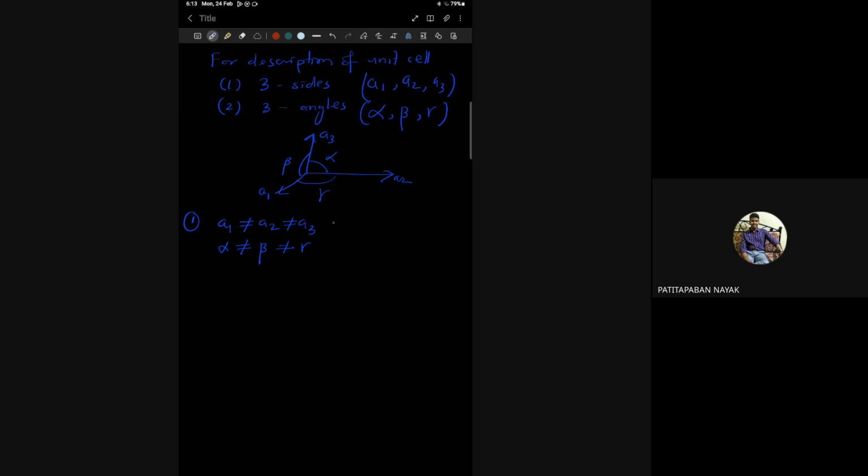So this kind of crystal structure is called a triclinic structure. One simple example is potassium dichromate.